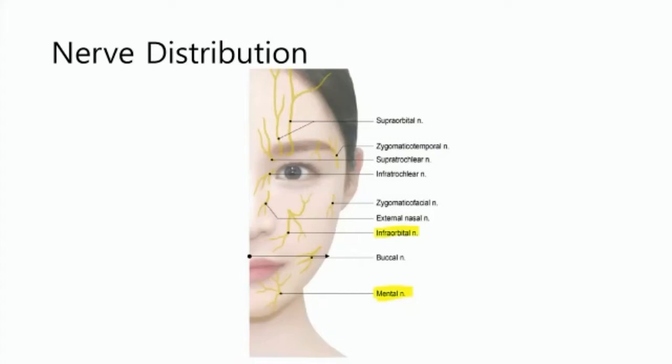We also consider the nerve distribution for lip injections because of numbness and anesthesia. If someone wants deeper anesthesia, we need a nerve block. For that, we consider two nerves: the mental nerve, and second, the infra-orbital nerve. If you want a nerve block, you should inject these two parts.